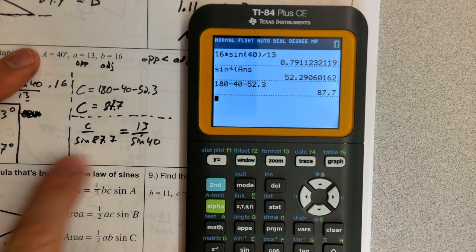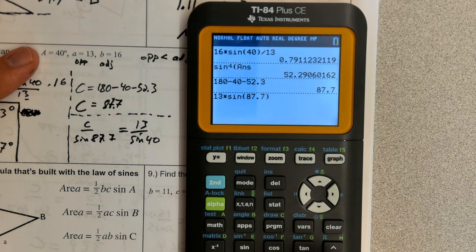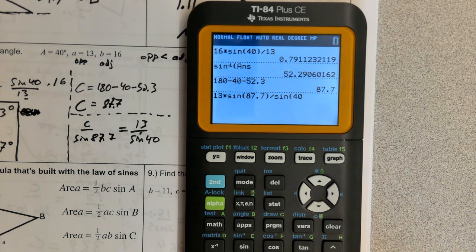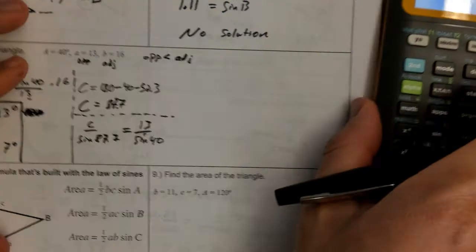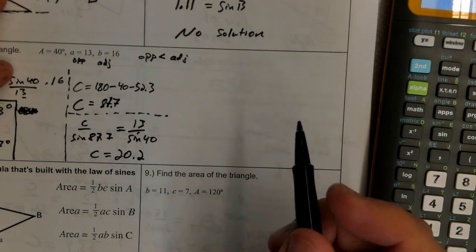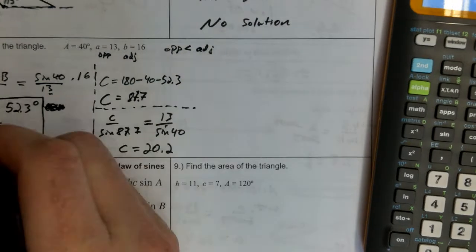In my calculator then, I'll have 13 times sine 87.7 divided by sine of 40. That's 20.2. And so that gives me everything I need for that first triangle.